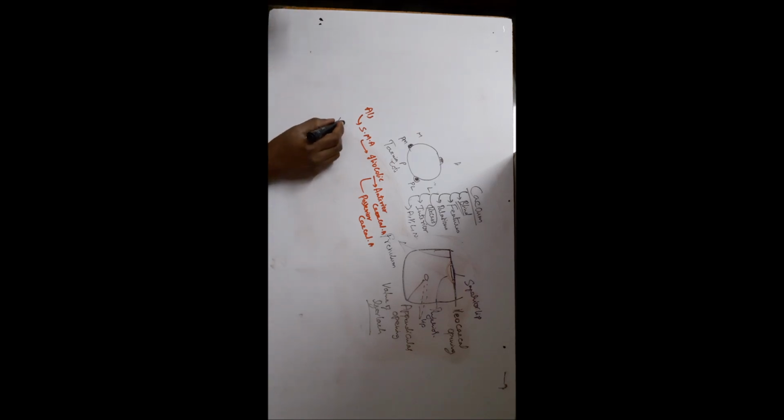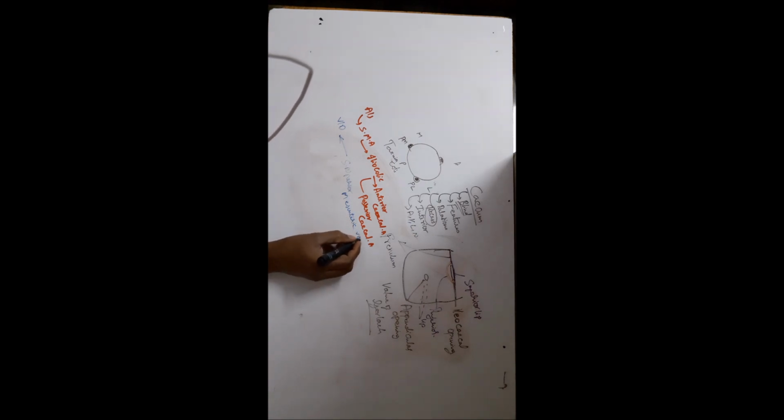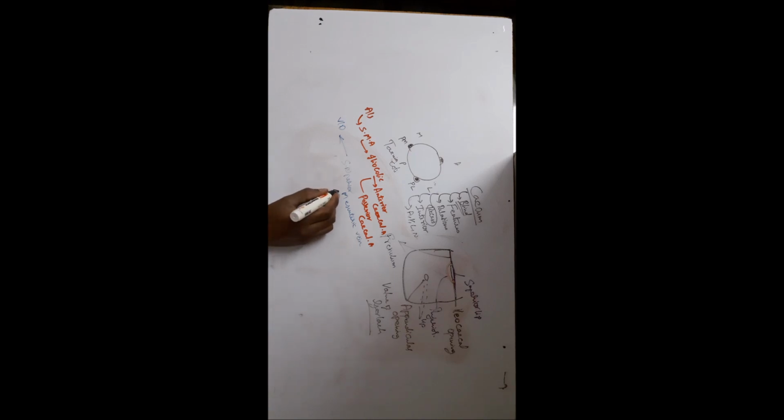Then venous drainage, all this drains into the superior mesenteric vein. Then lymphatics, they drain into ileocolic nodes.